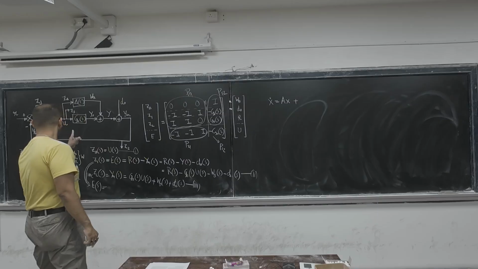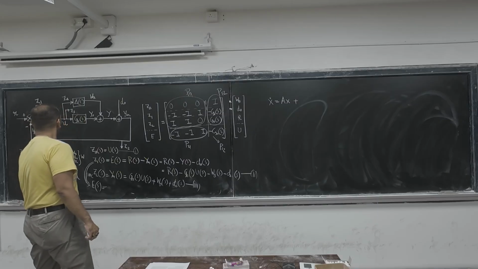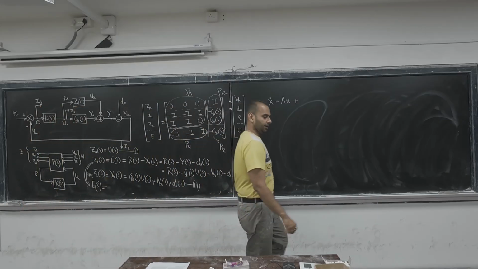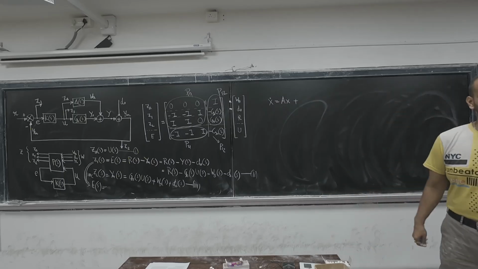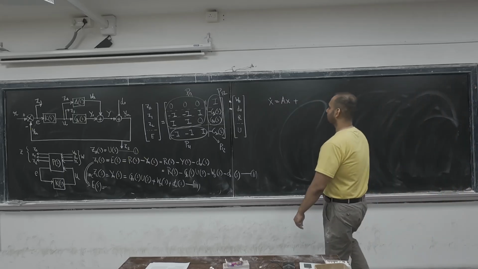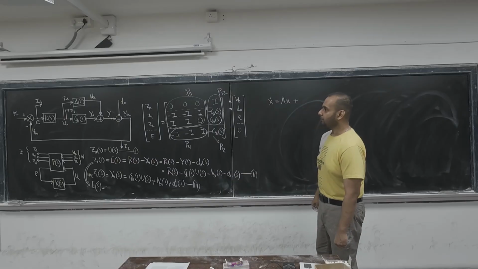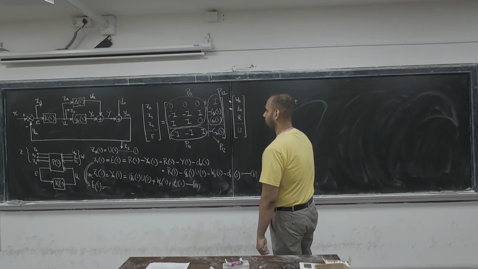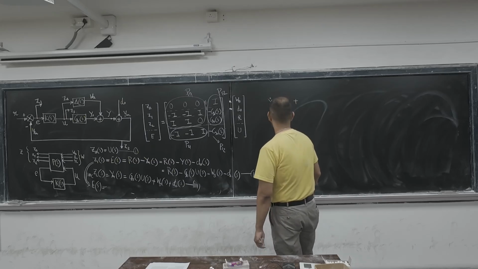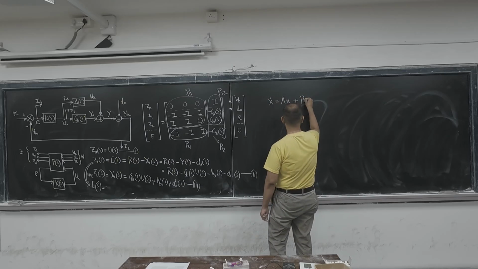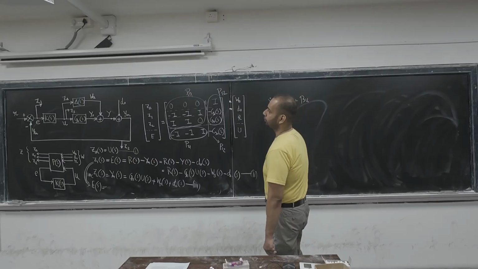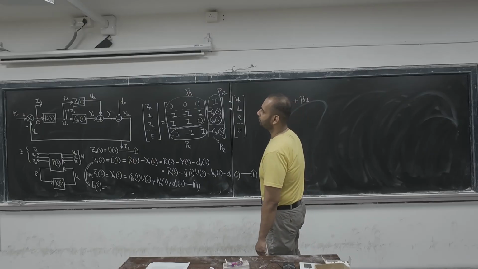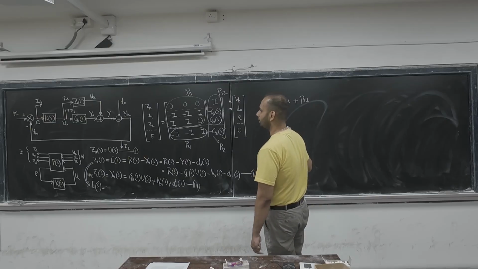Now for Z0, how we can write that? Suppose for the G0 you have still that is A, B, C, D. So what would be the state equation? X dot equals AX plus BU, right? In that case we don't have any uncertainty or disturbance at the input side, so this will remain BU only, no problem.